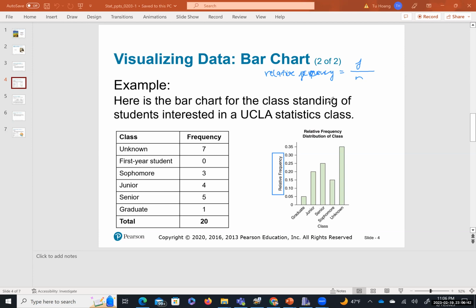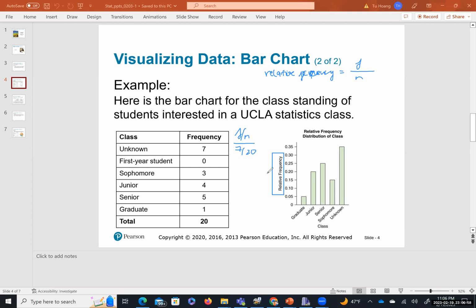So for example, here I have unknown, the relative frequency is going to be equal to 7/20, because we have 7 as the frequency, divided by the total of 20.